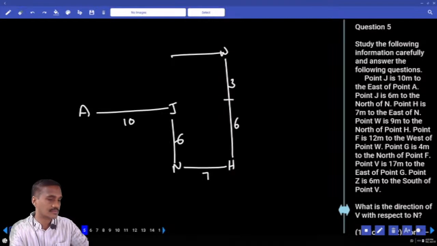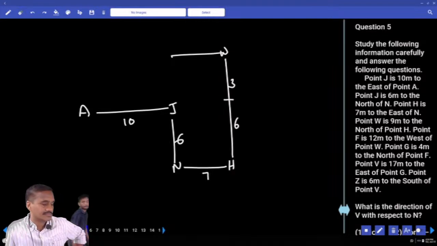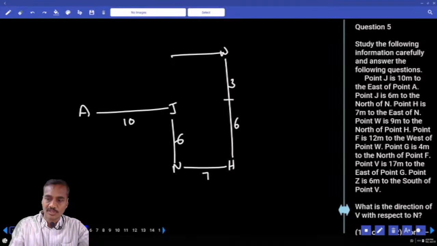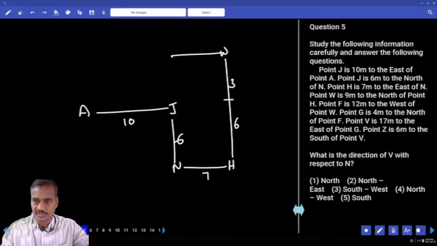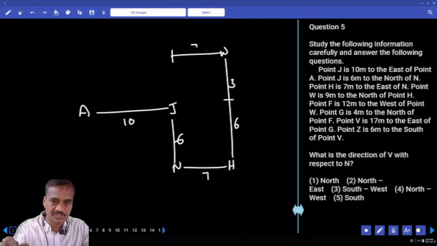Then next one. Then W is 9 meters to the north of H. And F is 12 meters to the west of W. My F and the 12 meters, 12 and this is 7 and this is 5.